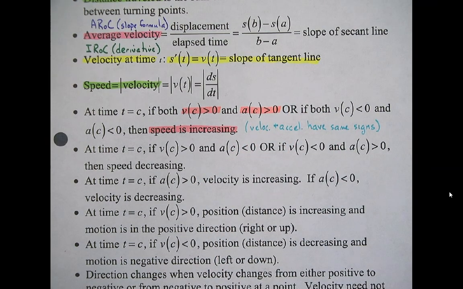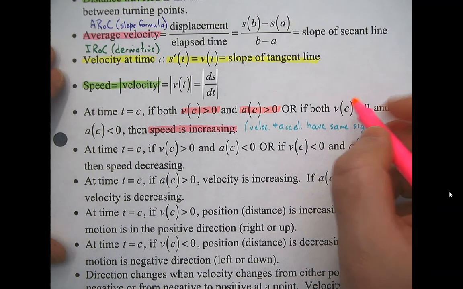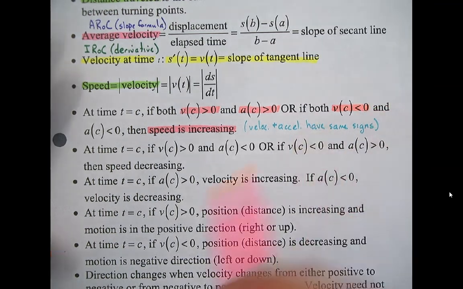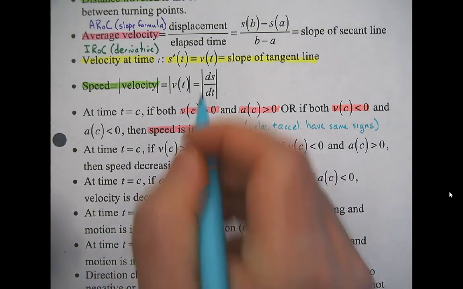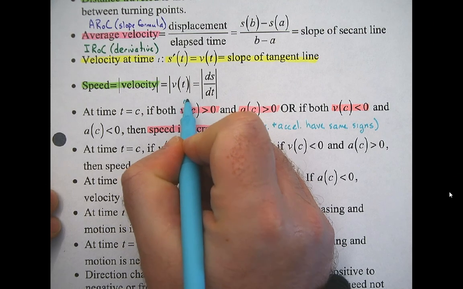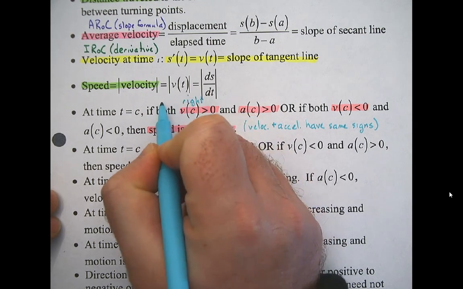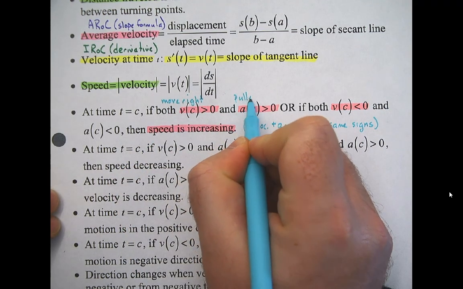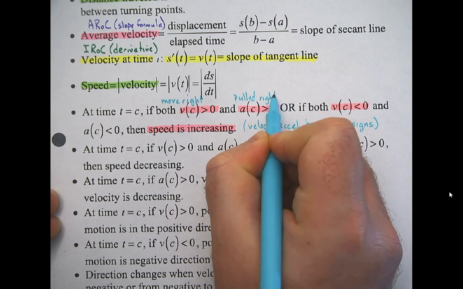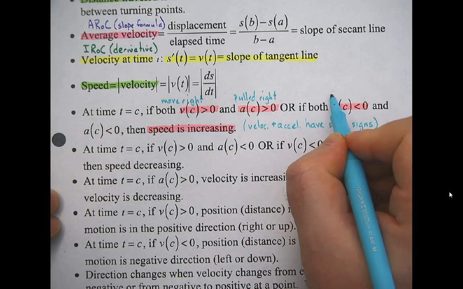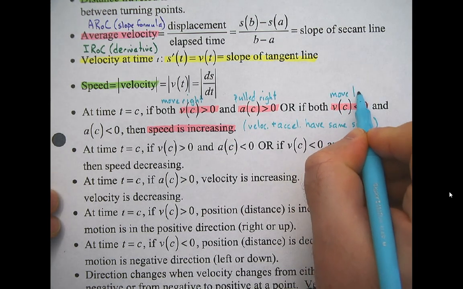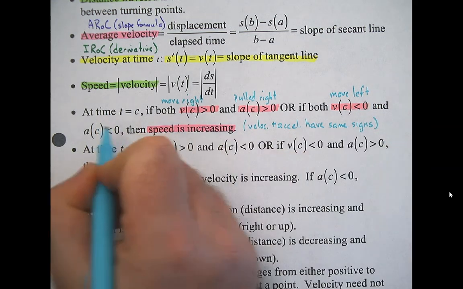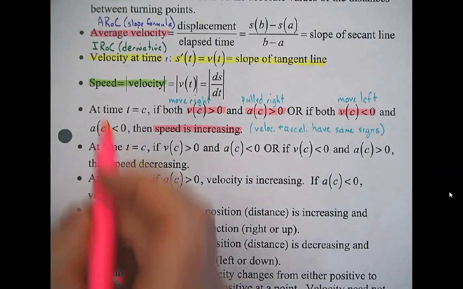That means I'm going to the right and I'm getting pulled to the right, then my speed is increasing. This means I'm moving right, and pulled right. Or if my velocity is negative, this means I'm moving left and I'm getting pulled left.